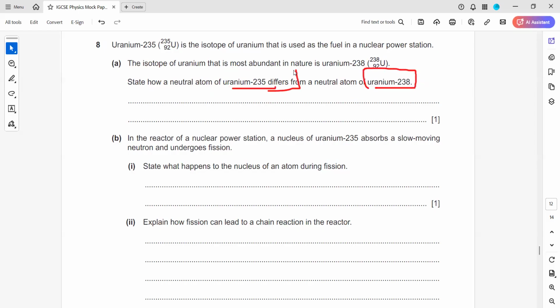It's the same element, but what is the difference? Uranium 235 has fewer neutrons compared to uranium 238. The question is a comparison of neutral atoms, so no need to use the term radioactivity. Use the term number of neutrons.